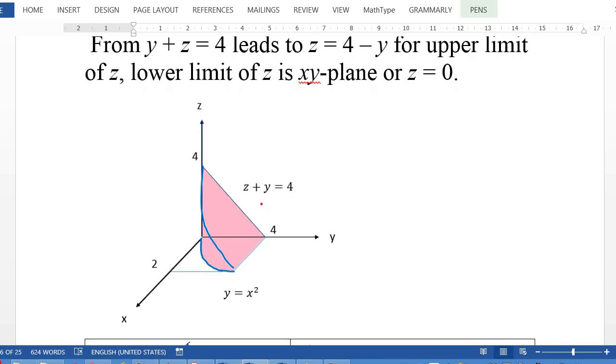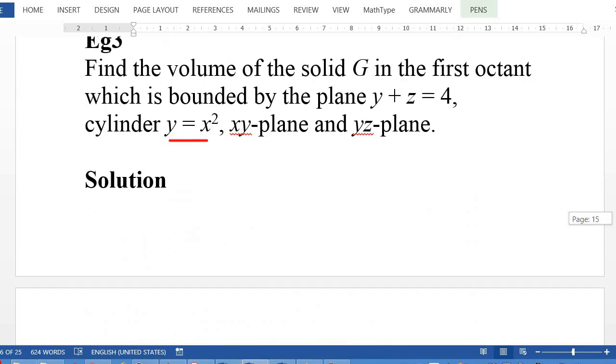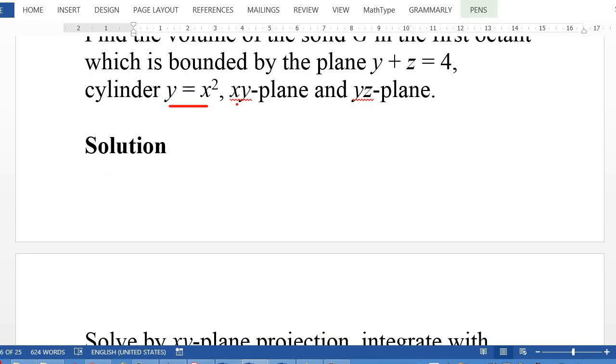We have the plane y plus z equal to 4, and we have the cylinder y equal to x squared, and then the xy plane means z minimum is the xy plane, so z equal to 0. The yz plane gives x equal to 0.